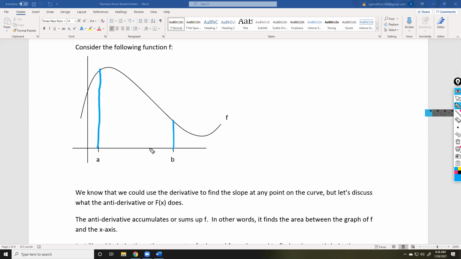That's not something we have a formula for. But we do have a formula for area of things with straight lines. So what we're going to do is subdivide this into chunks.